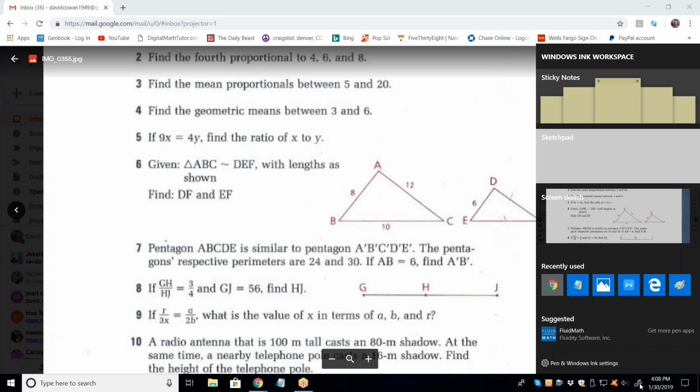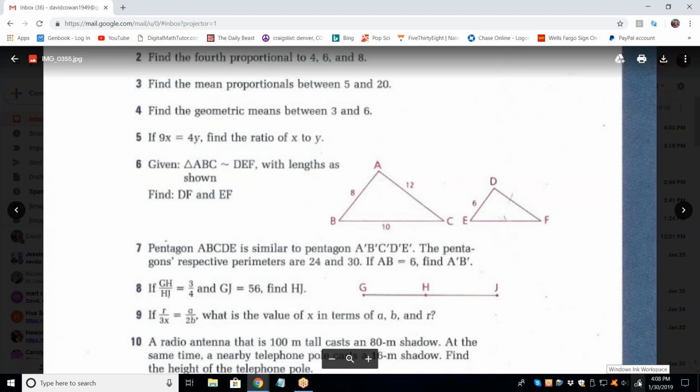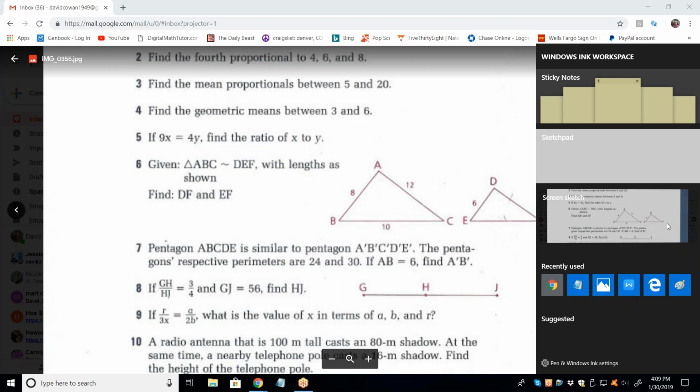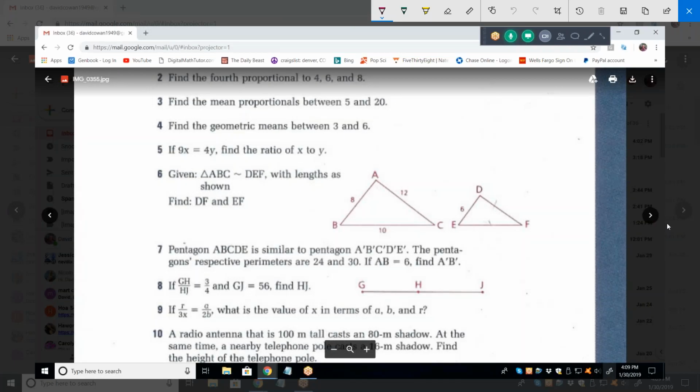Okay. Let's do number 3, and we'll get a feel for this a little better. When they say the mean between 5 and 20, what they mean is there is some number that's the same in that denominator as it is in that numerator, that represents the mean between 5 and 20.